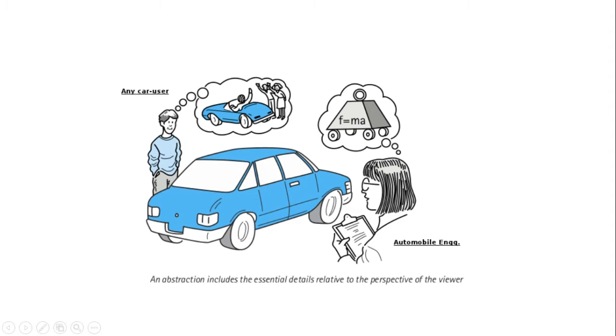An abstraction includes the essential details related to the perspective of the viewer. That means when the automobile engineer created this car, he only showed the details that are needed by this user.